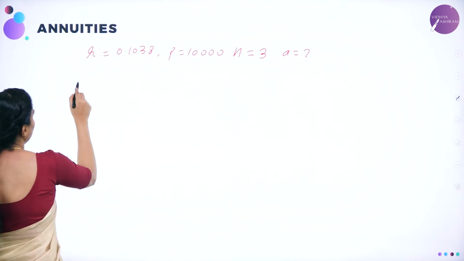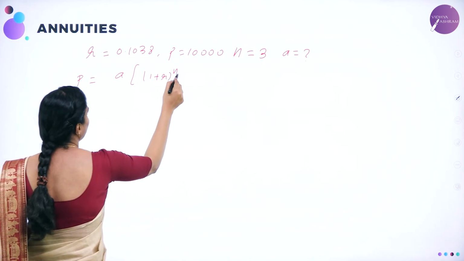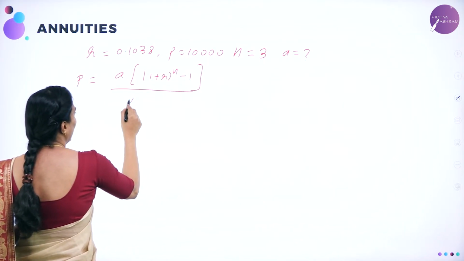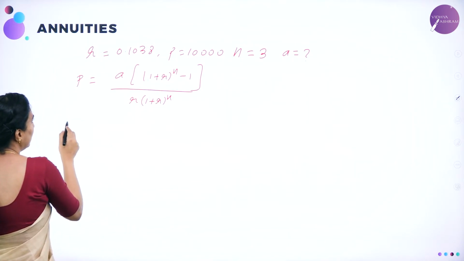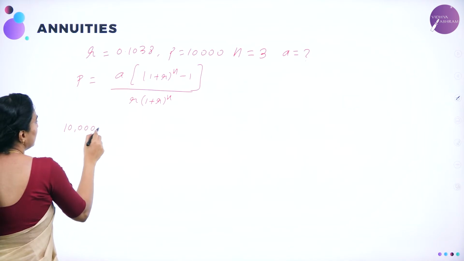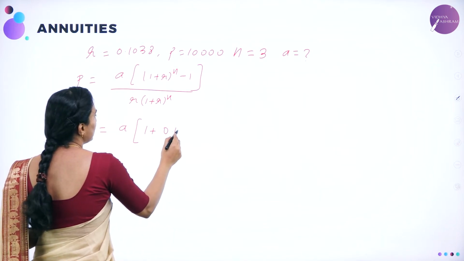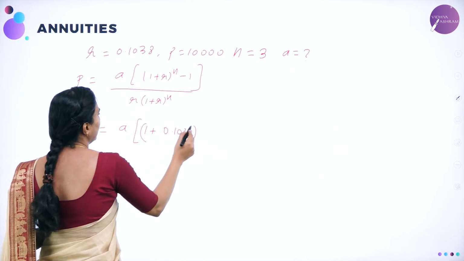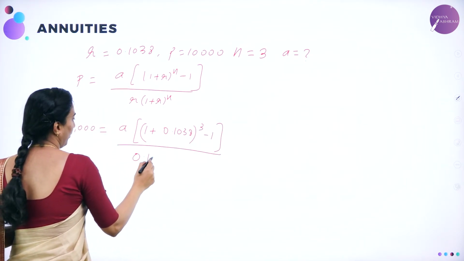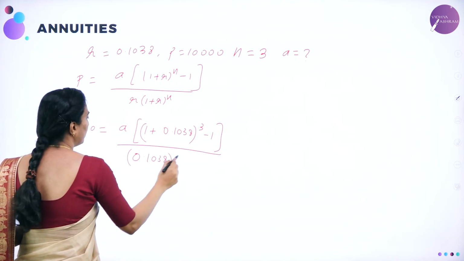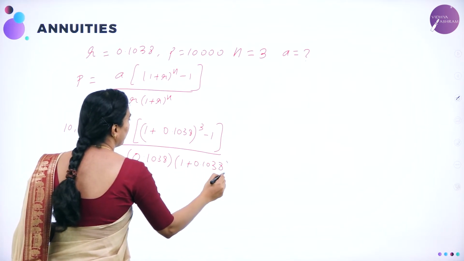So we know present value is given by A into 1 plus R to the power of N minus 1, divided by R into 1 plus R to the power of N. Substituting here, P is 10,000 is equal to A, we don't know, into 1 plus R, that is 1.1038, to the power of N, which is 3, minus 1, divided by 0.1038 into 1 plus 0.1038, whole to the power of 3.